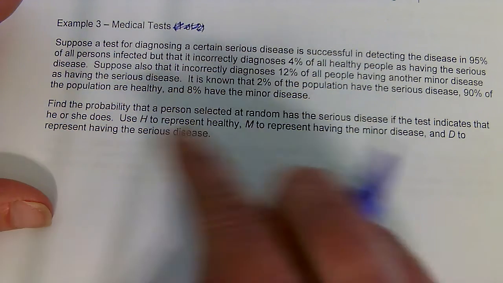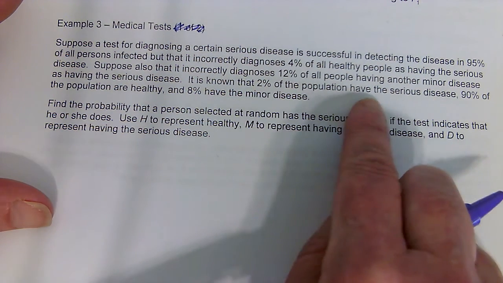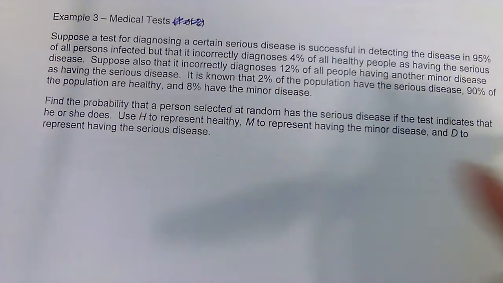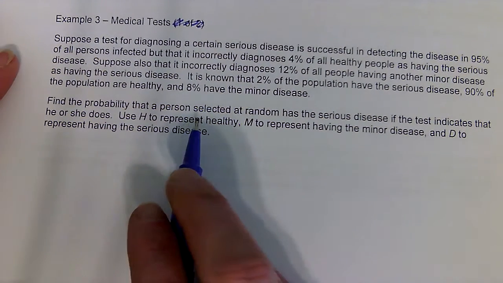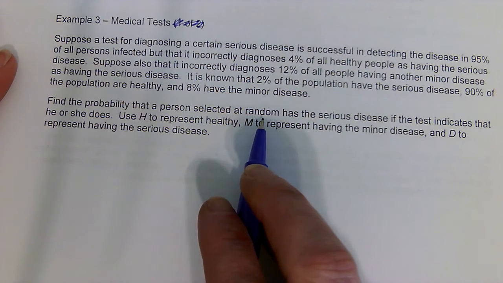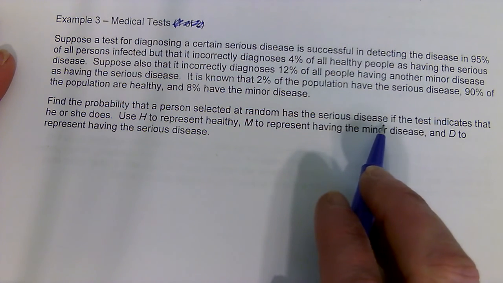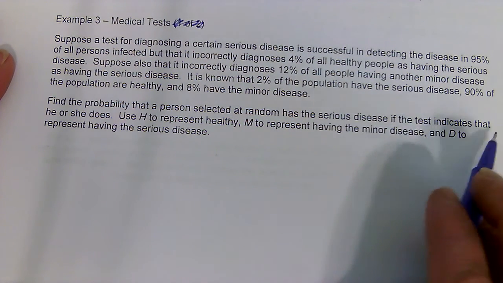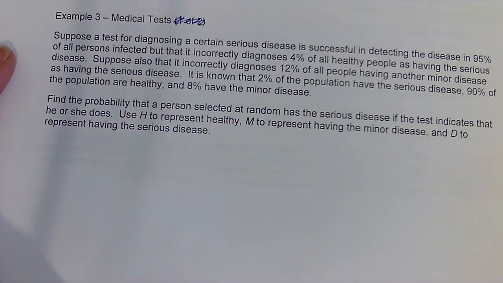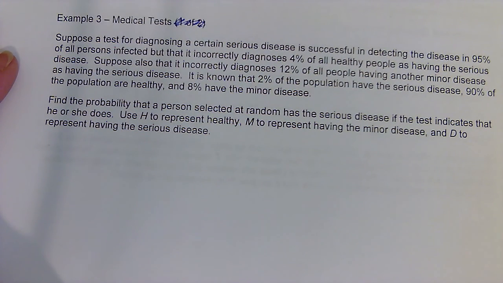It is known that 2% of the population do have the serious disease, 90% of the people are healthy, and 8% have that minor disease. Find the probability that a person selected at random has the serious disease if the test indicates that she does, that it's a true positive diagnosis.